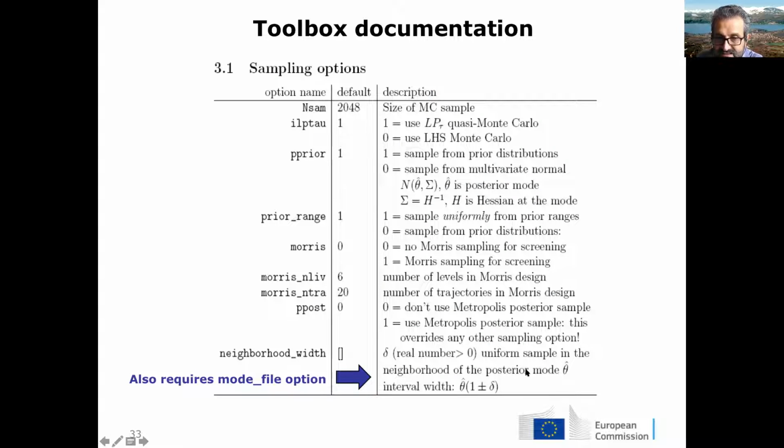The idea is that you have a parameter vector, which you have stored in a mod file, then the interval is 1 plus minus delta. So it's a relative deviation.